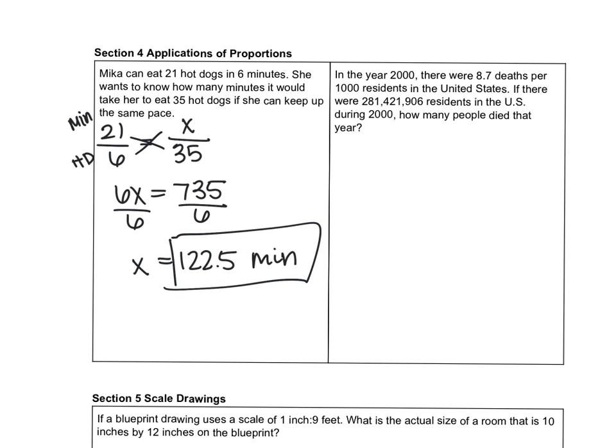Next we have, in the year 2000, there were 8.7 deaths per 1,000 residents in the United States. If there were 281,421,906 residents in the U.S. during 2000, how many people died that year?